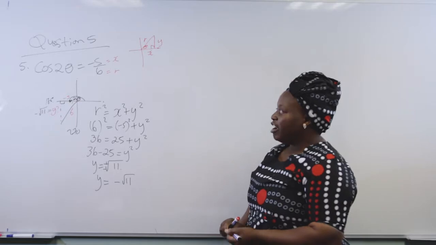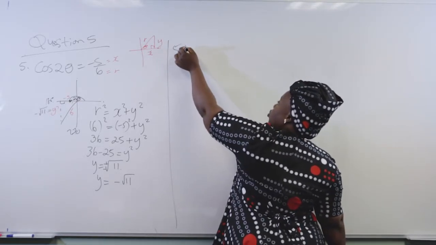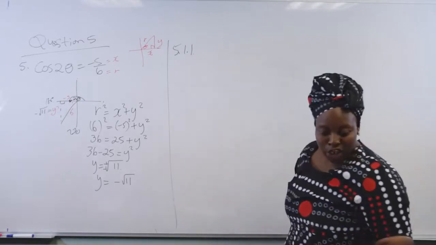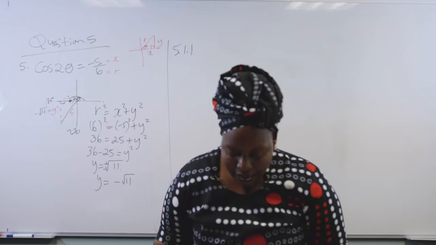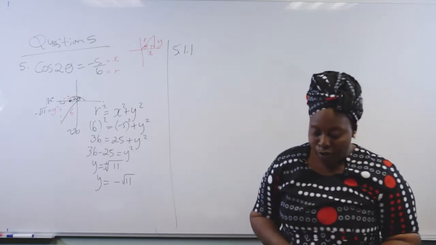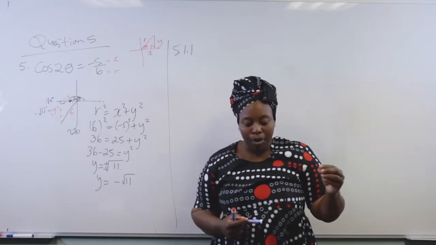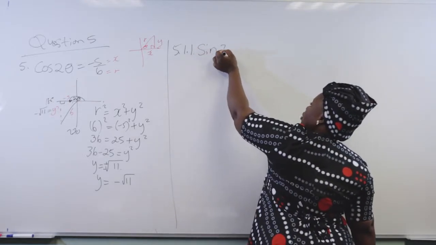The question number 5.1.1 says that we have to calculate, without using the calculator, the value, in the simplest form, of sine 2 theta. So that's what you're going to write. What is sine 2 theta?